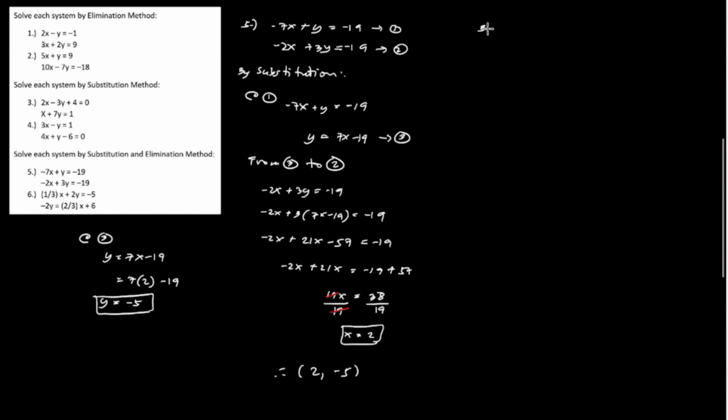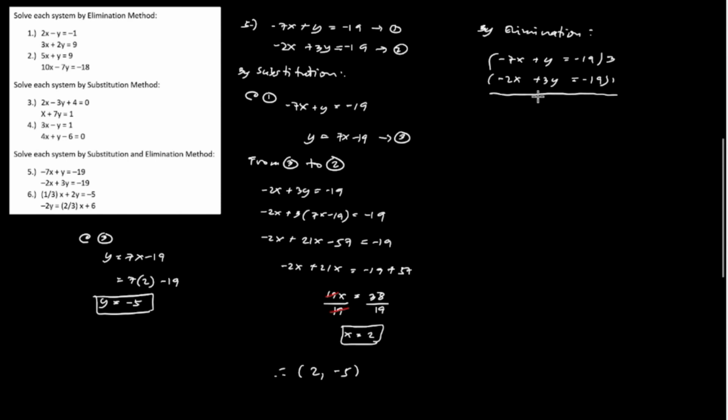By elimination, so copy negative 7x plus y is equal to negative 19, and negative 2x plus 3y is equal to negative 19. So we will multiply equation 1 by 3, and we will multiply equation 2 by 1, and we will subtract.